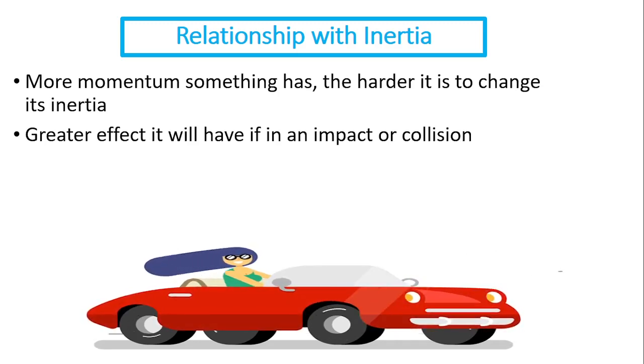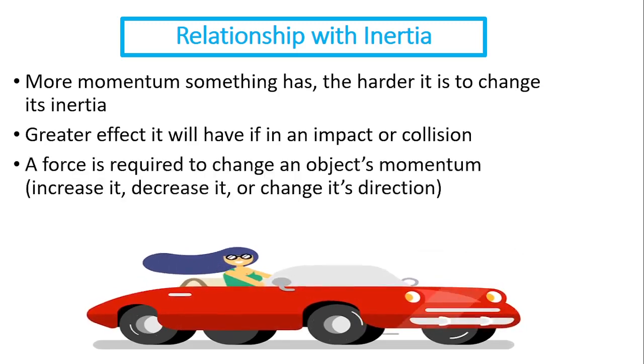Maybe a car hits into another car or into a tree. We see a lot of damage happening, and it's because of the momentum which that car is moving at. Then a force is required to change an object's momentum.